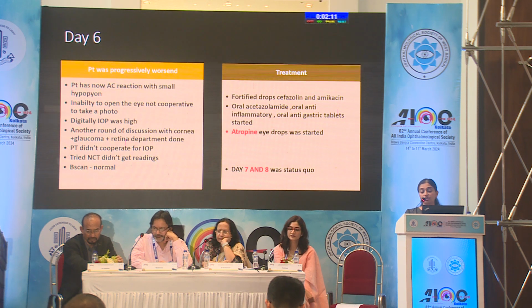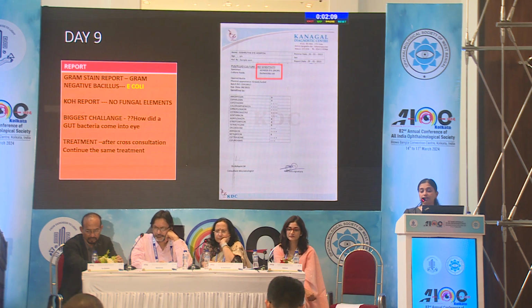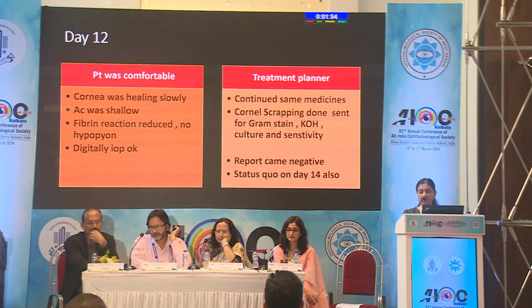Day 7 to 8, she was status quo. On day 9, surprisingly, the lab results came back. It was E. coli, a gram-negative bacillus. And the biggest challenge: how did the gut bacteria get into the eye, and that too for a normal female? Of course, on sensitivity, whatever drops we were putting, it was very sensitive. So on day 12, slowly the cornea was healing. AC was a little shallow.